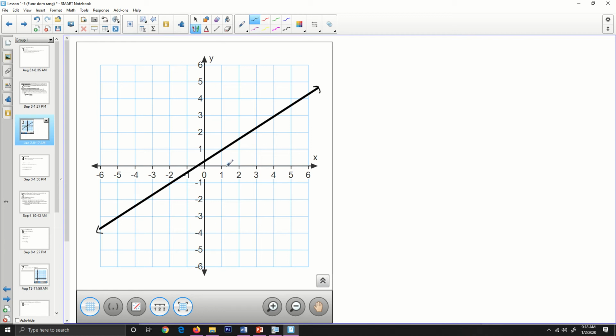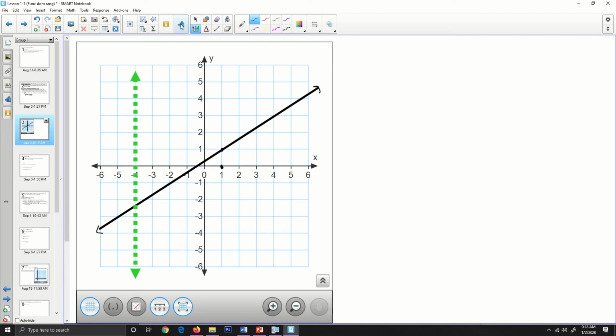For every single point that I pick in set A, there is exactly one point in set B. So I can create a vertical line here, and any place that I pass it across this function, the function only crosses the vertical line one time. And that's what's important about having a function.